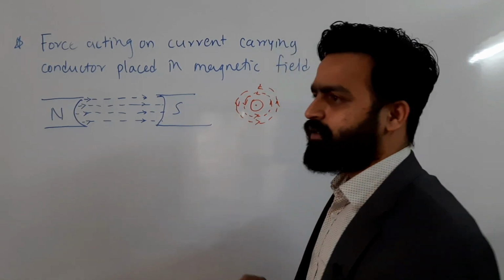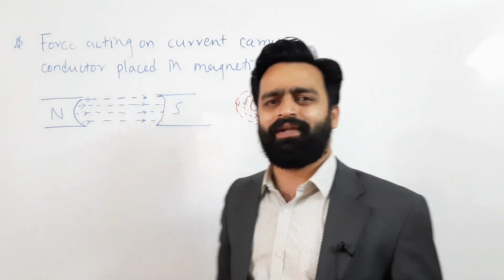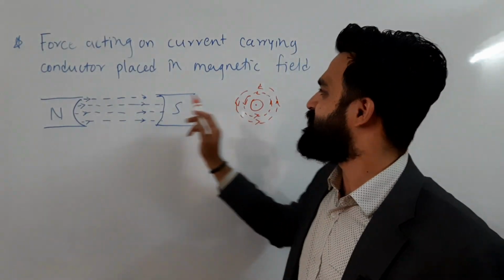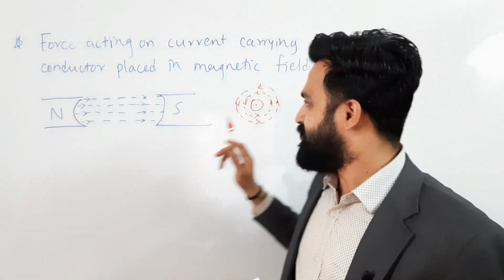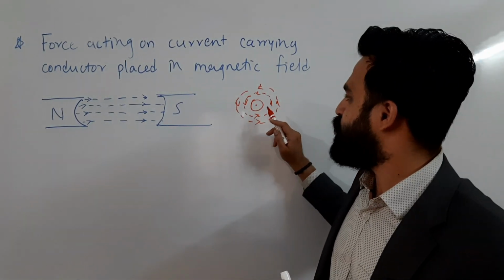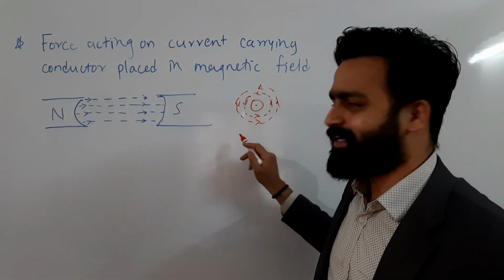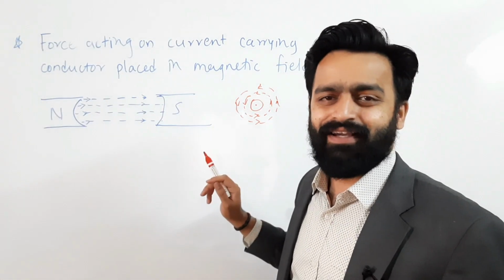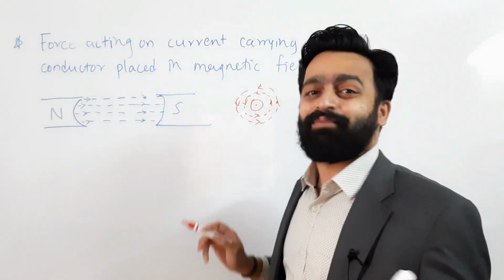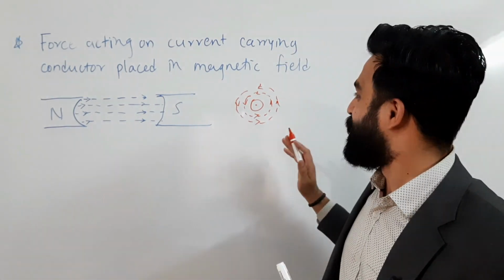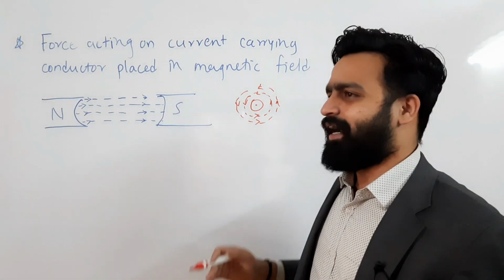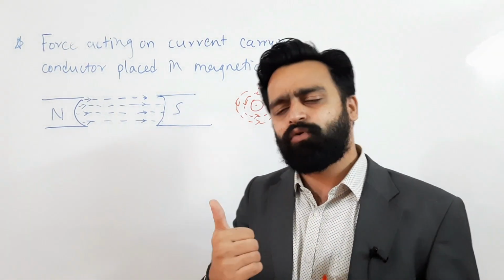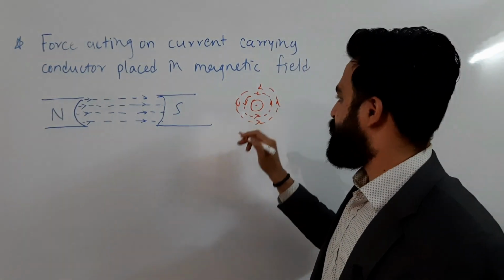right? So now I am going to place this current carrying conductor in this magnetic field. Okay, this is a current carrying conductor which is producing magnetic field in anti-clockwise direction. I hope you are able to see it, you are able to understand it, because some of my drawing is not that much good. But as I am saying, and as you have understood the right hand thumb rule, it is in anti-clockwise direction.